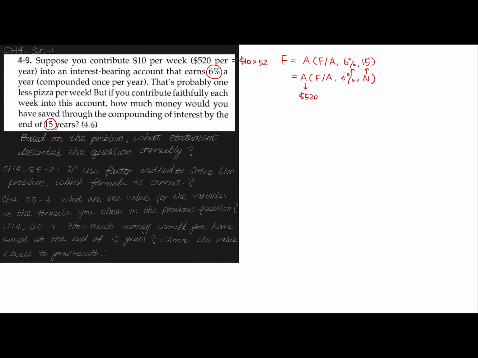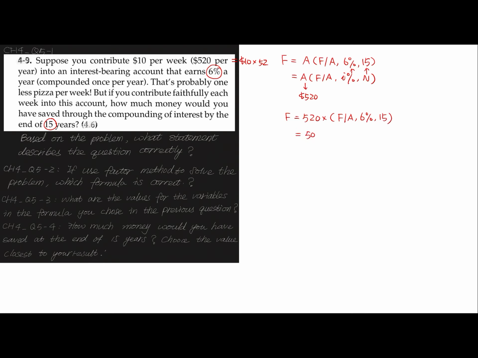So how much exactly can you have at the end of the 15 years? You just substitute the letters with these numbers. So it's 520 times F/A, 6%, 15.